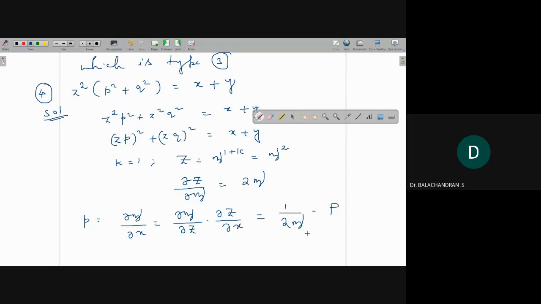Okay, cross multiply. If you cross multiply, you'll get z into p is equal to capital P by 2.